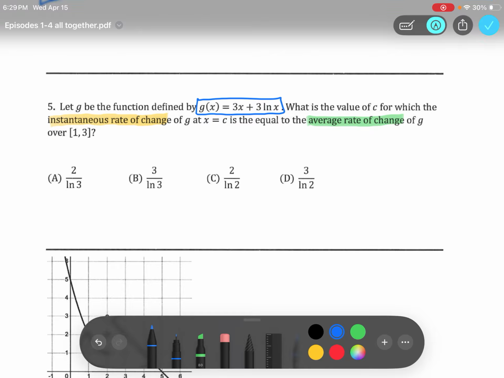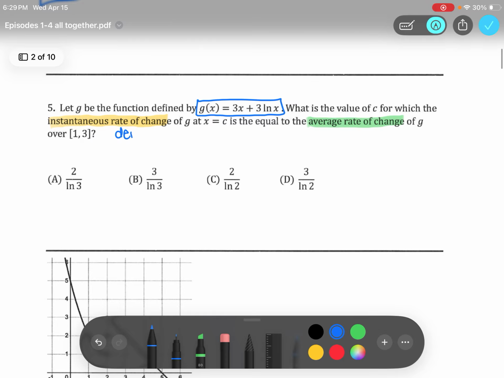An instantaneous rate of change is just a derivative. An average rate of change is AROC, f of b minus f of a over b minus a. So I need to find when the instantaneous, or IROC, instantaneous rate of change, is equal to AROC, the average rate of change.